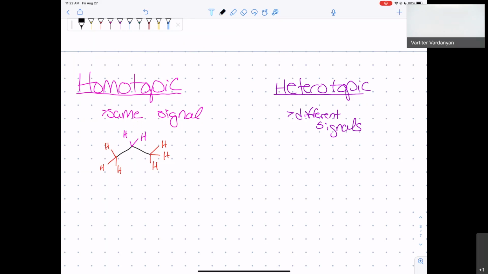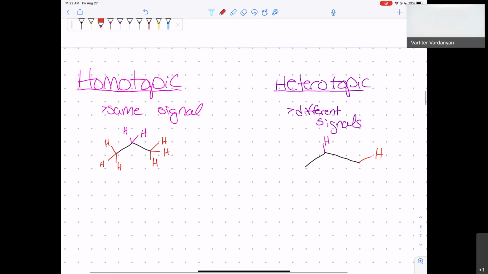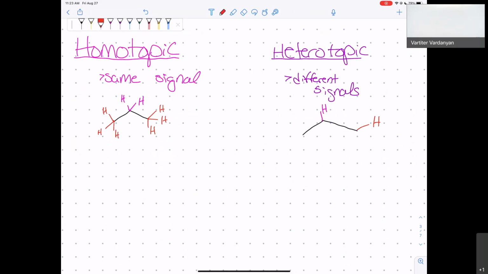Heterotopic, however, can be super duper broad, right? I mean, they're both super duper broad. But let's say we have the same exact carbon chain. Now we're comparing the pink to the red, right? They're just completely different from one another. Okay, so anytime a signal is different, it's considered heterotopic. That's usually fine for students.